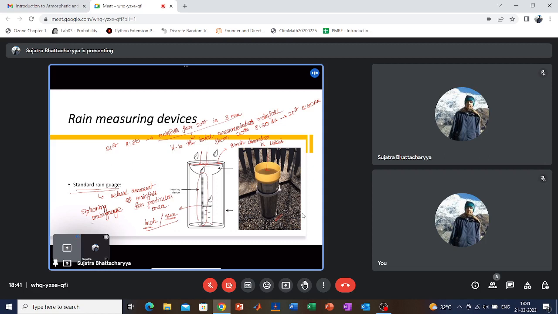Of course, when it automatically releases all the water, there may be some error, because if rain is falling at that time, it will not come in the reading. So some errors might be there. But here also, when you use the standard rain gauge, you have to completely release all the water when it is filled up to this level, and again give the empty measuring cylinder. This is the first, the standard rain gauge.